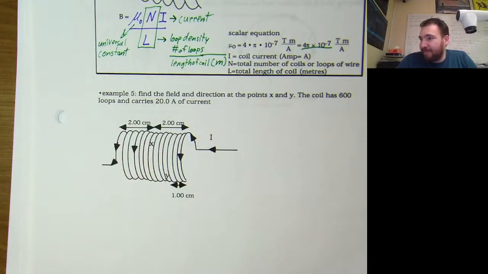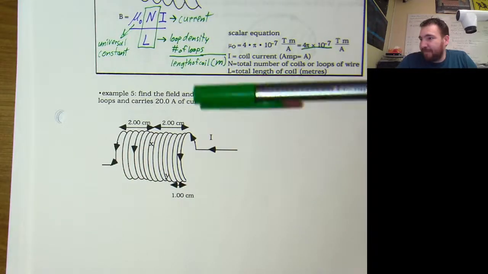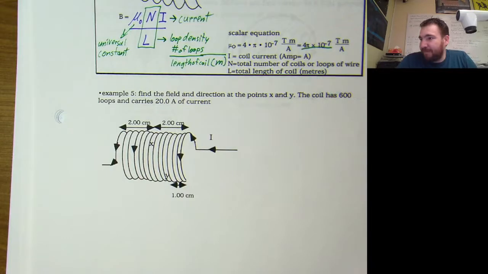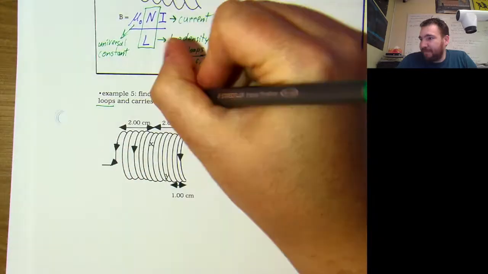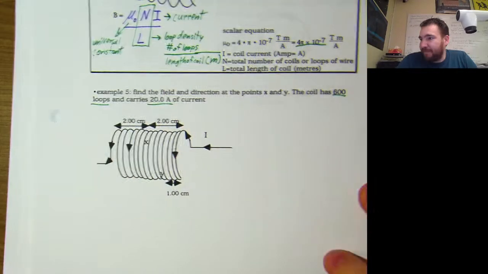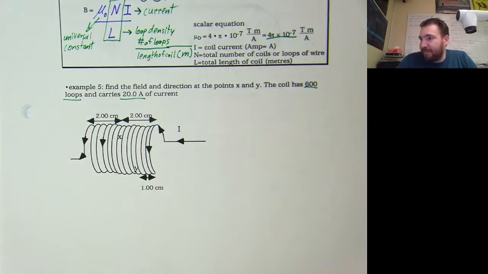So I've got this coil here. I want to find the field and the direction of that field at points X and Y. The coil has 600 loops and carries 20 amps. That's a lot.